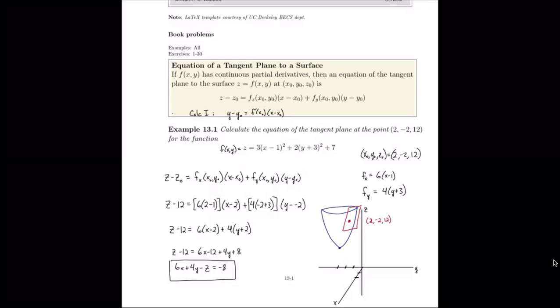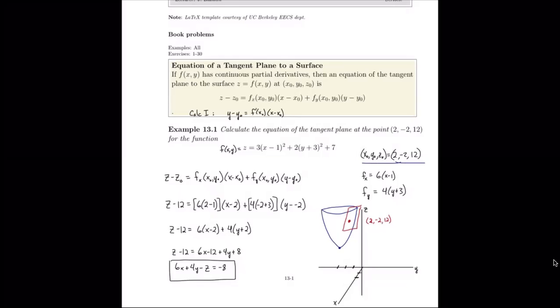Now, plug these things in, f sub x and f sub y. This is our evaluation, so inputting our point x naught, y naught, z naught. As follows, 2, negative 2, and 12 is the point given to us in the problem. That's where we want to create this tangent plane, just like where we would have wanted to create a tangent line back in Calc 1.